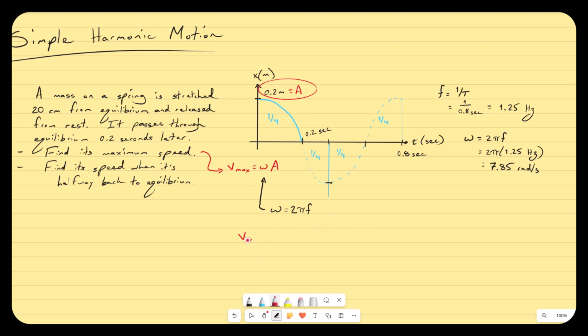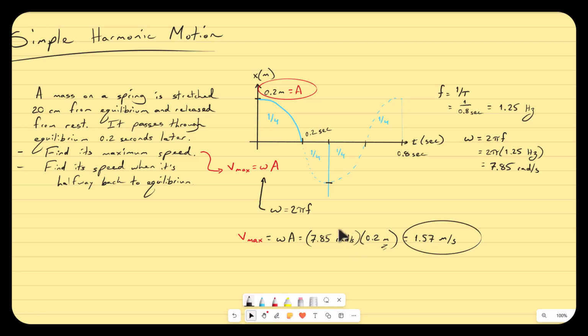My Vmax is omega times my amplitude, 7.85 radians per second times my amplitude of 0.2 meters, and 7.85 times 0.2 is 1.57. That is meters per second because I put this one in meters. So there's my maximum speed.